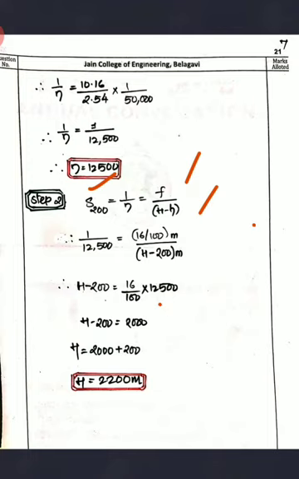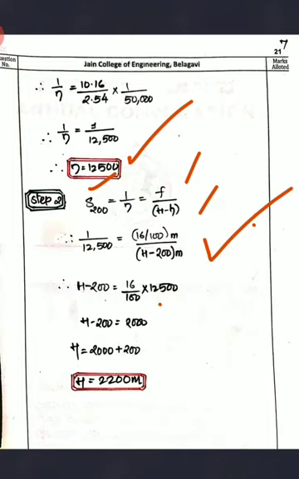So 1/12,500 is equal to 16 divided by 100, as this is the representative factor. Scale can be represented in another way also, that is representative factor. So 1 divided by 12,500 equals 16 by 100 divided by H minus 200.